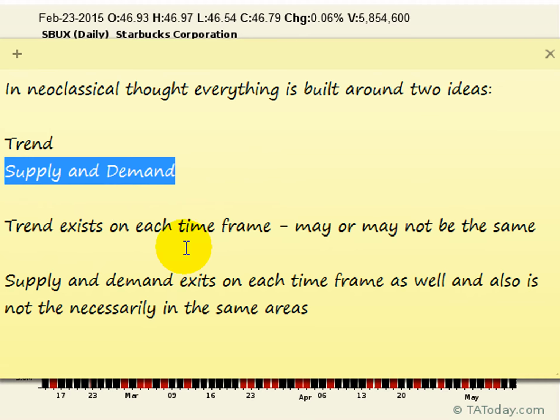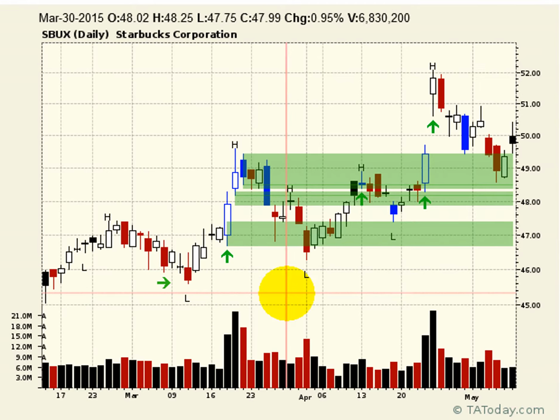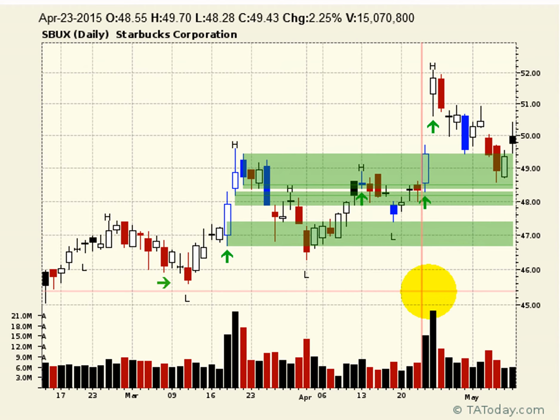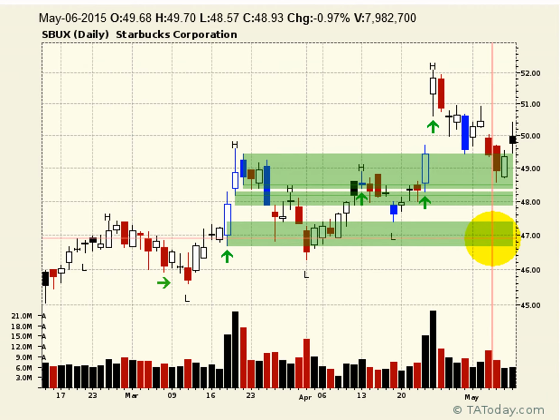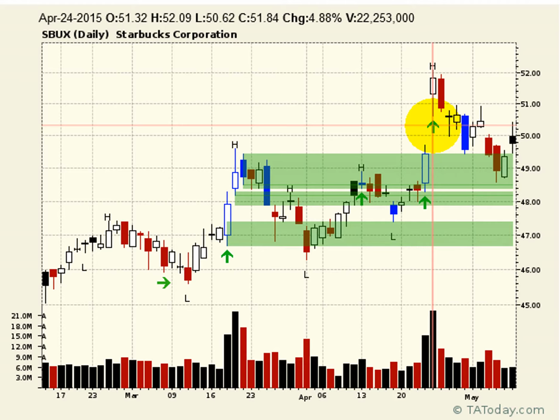Trend exists on each time frame. We see it on each time frame, and it may or may not be the same on the different time frames, and that's why you look at all of them and potentially trade them all. For example, if I look at Starbucks on the daily time frame, I can see the trend right now. The last transition here was bullish.